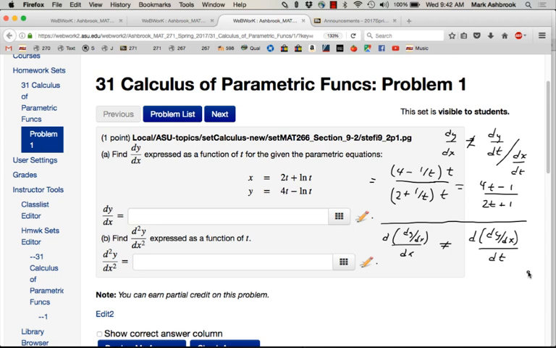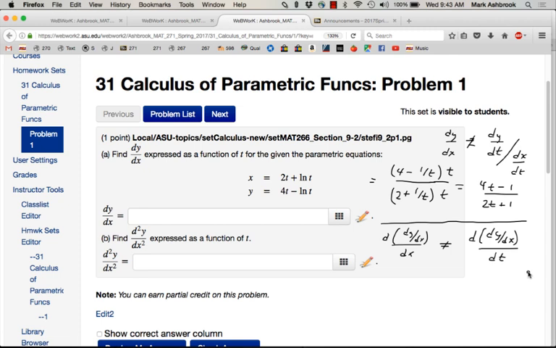How much our first derivative changes for a little change in x is different than how much it changes for a little change in t. But we've got this derivative in terms of t, so when we take the derivative of this, we'll be finding it with respect to t, and what we need is with respect to x.